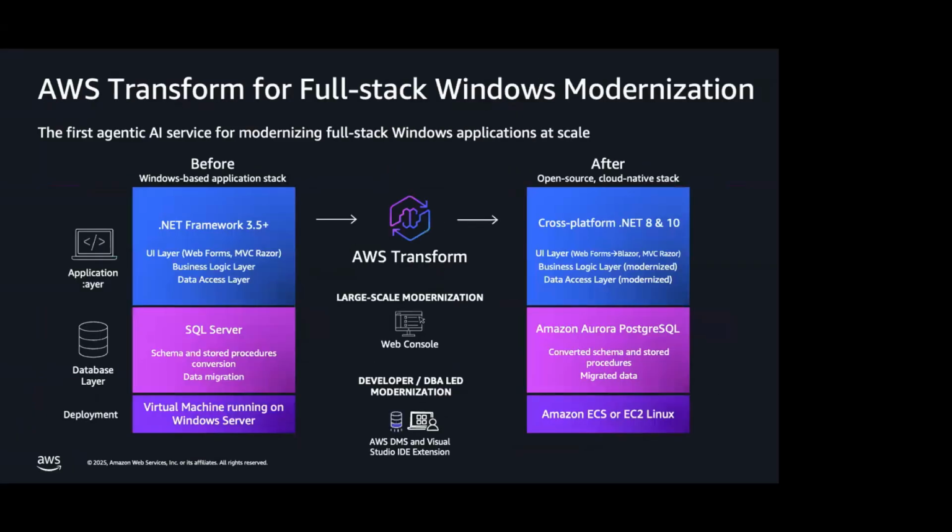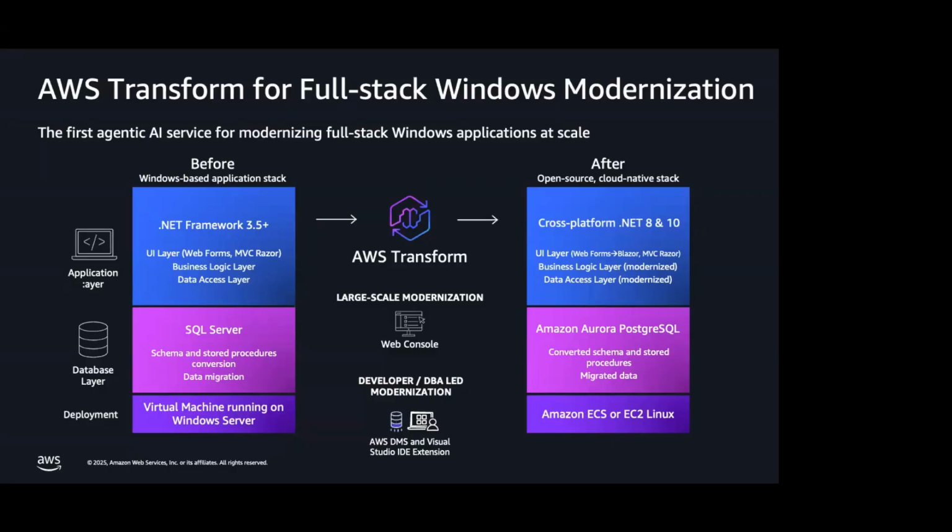The other big thing is Windows, right? We still have a lot of customers who run Windows virtual machines with Windows servers, and they are running applications with .NET Framework, which has all the Windows dependencies, and then we have SQL Server. So this all ties you to licenses, right? We can get license freedom by using AWS Transform for Windows modernization. Again, multiple ways of doing it.